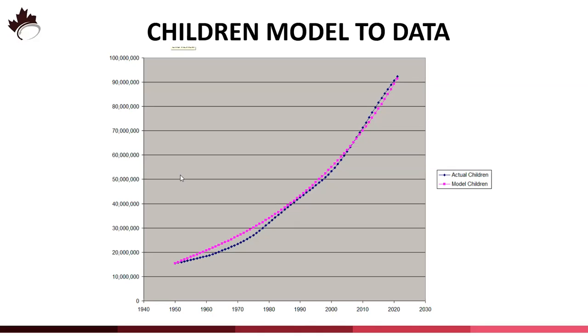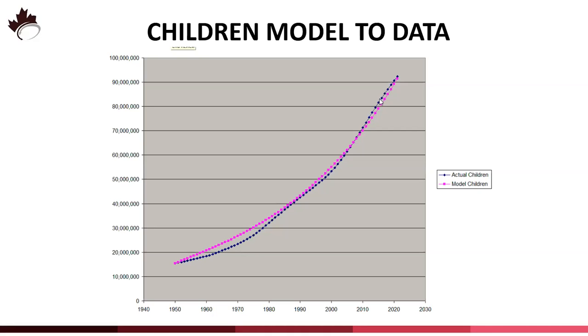But one thing I wanted to show you in this graph that I think is very interesting is you can just barely see it. If you notice, there's a slight inflection here: the number of children is no longer growing at the same rate as it was in the previous years. In the model, we assume that the population of children is growing at the same rate throughout the whole period.